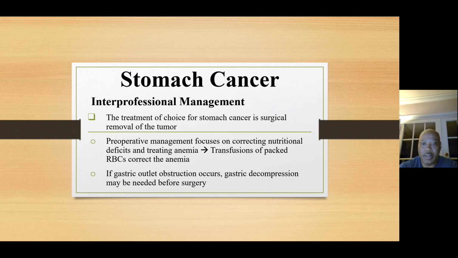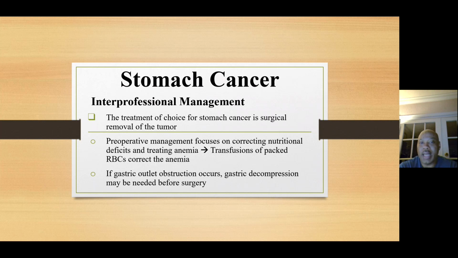Their outcomes are better when we tune them up and ensure that they are healthy enough, or as much as possible, I guess I should say, because you don't know how advanced this will be by the time the patient seeks help.